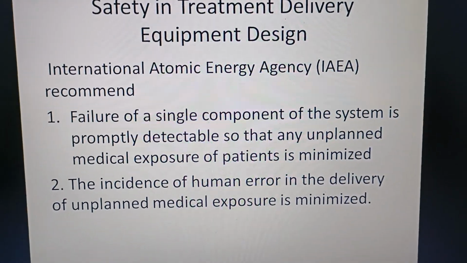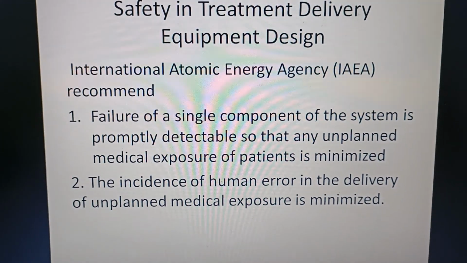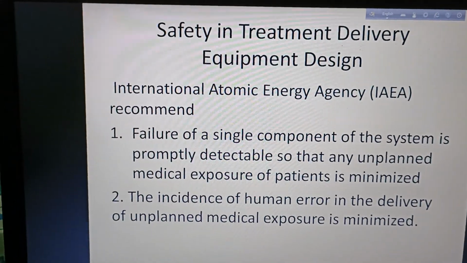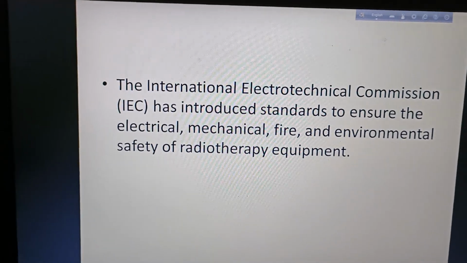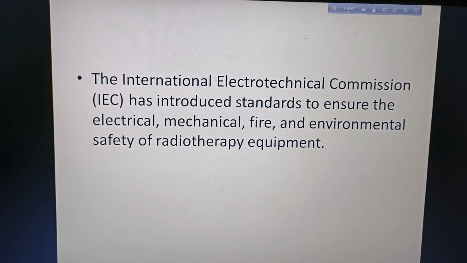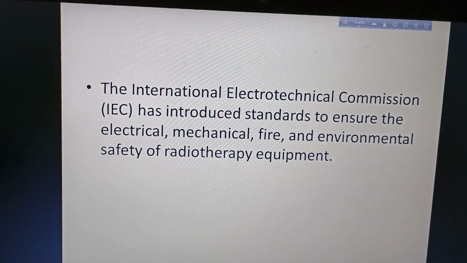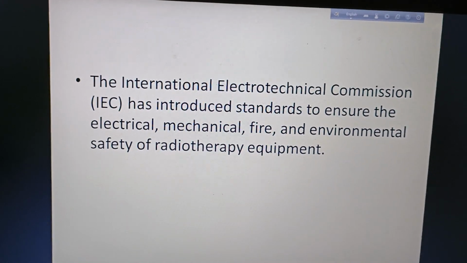Number two, the incidence of human error in the delivery of treatment is minimized, so that unplanned medical exposure is minimized. The International Electrotechnical Commission, IEC, has introduced standards to ensure the electrical, mechanical, fire and environmental safety of radiotherapy equipment.